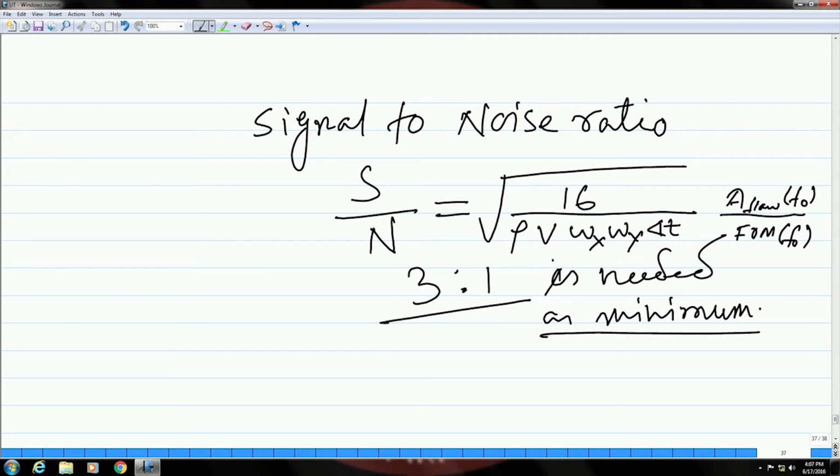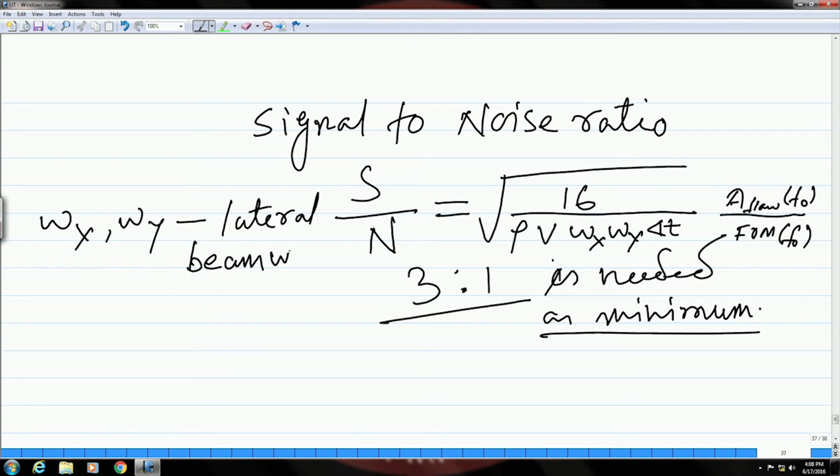So, let me define the parameters. This W is the lateral beam width, Wx and Wi, at the flaw depth. Delta t is the pulse duration.